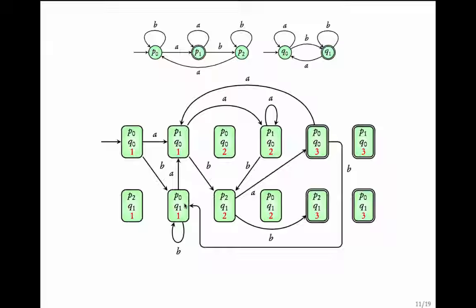So in the sense that we have come to a state where we are waiting to see an accepting state of 1. Remember that we want to track the fact that the accepting state of 1 occurs infinitely often and the accepting state of 2 occurs infinitely often. They can occur in different parts of the run, but both of them should occur infinitely often.